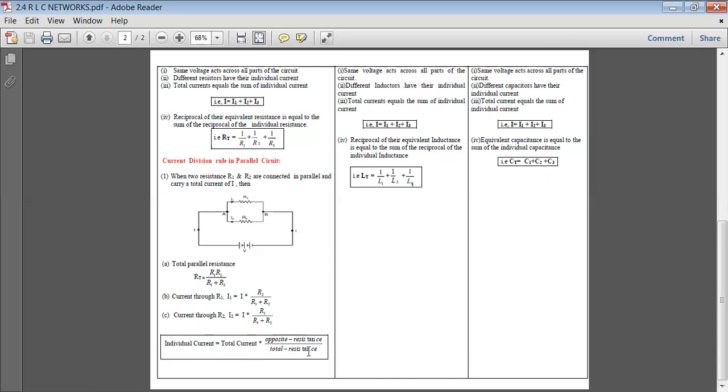We call this the current division rule in a parallel circuit. When two resistors R1 R2 are connected in parallel, we can find the individual currents. Clear? So we have completed resistance in parallel.